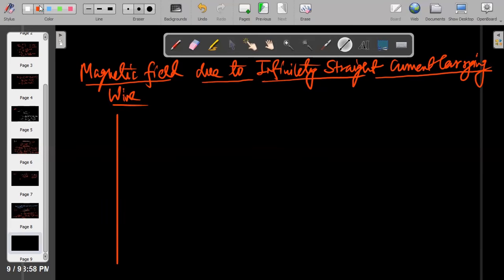In electrostatics also we have done the same thing. Please recall. This is infinity, this is minus infinity, and some current I is flowing. There is a point P where we need to find the magnetic field, at a distance a.